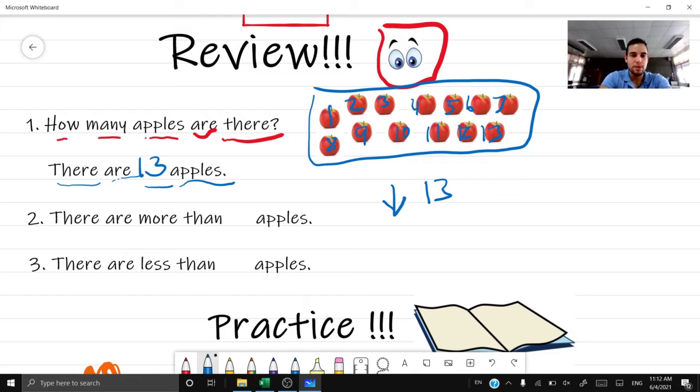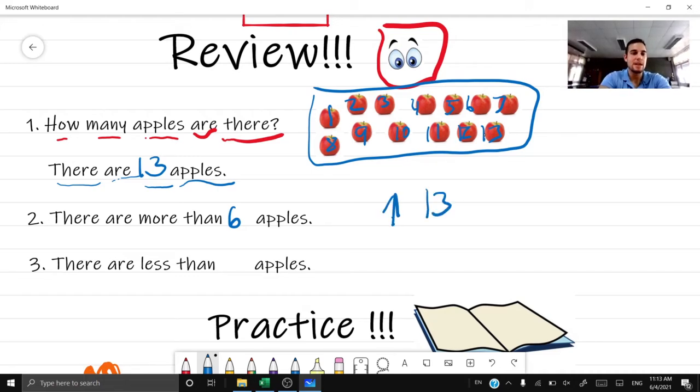So there are more than 6 apples, right? Right. There are 13, and 13 is bigger than 6.